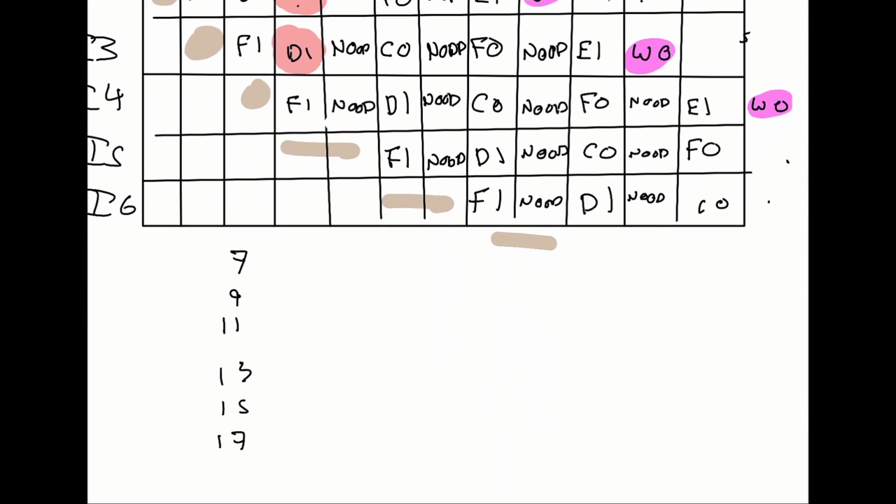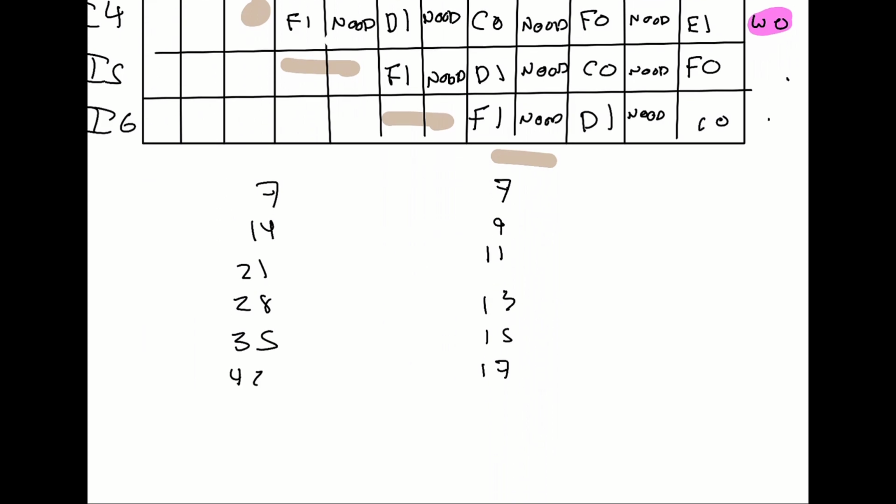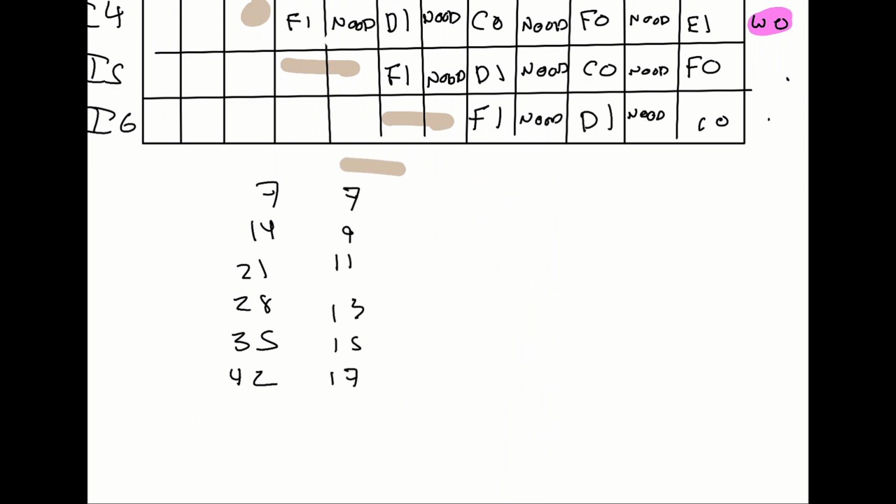And so the speed up factor, let's go ahead and calculate that again. So we would have gone from, without pipelining, it would have been 7 here, 14, 21, 28, 35, and then 42. Speed up factor, again, you can never go faster with pipelining, so the first one's still going to take the same time with or without pipelining.